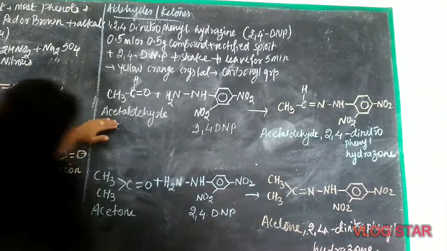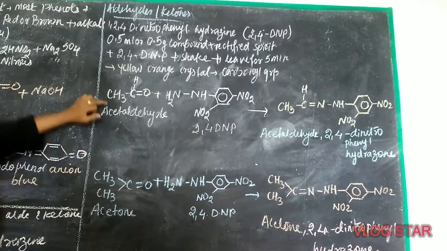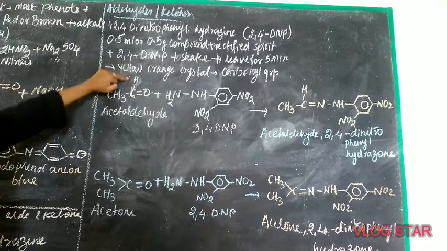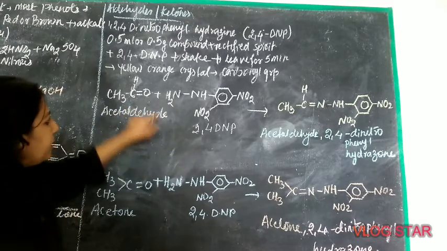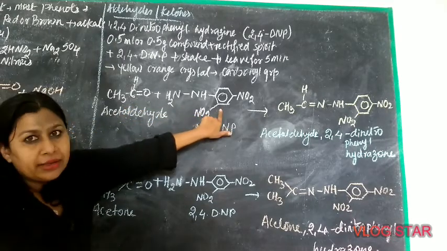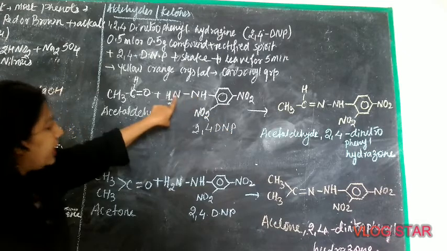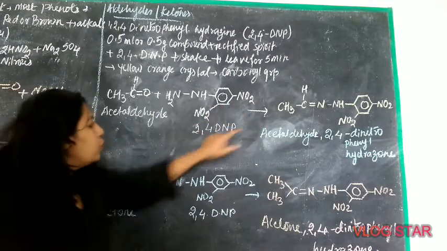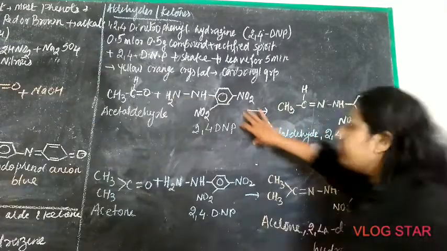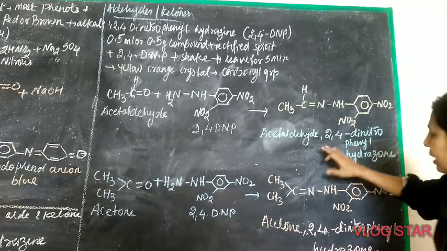Now, if you had taken an aldehyde, the reaction will be like this: CH3CH double bond O plus 2,4-DNP, that is the aromatic ring with NH2, and NO2 at positions 2 and 4.